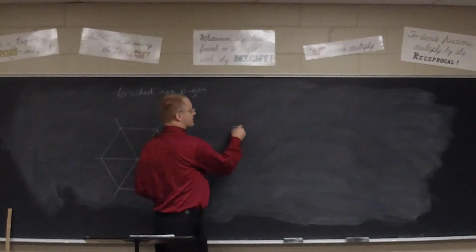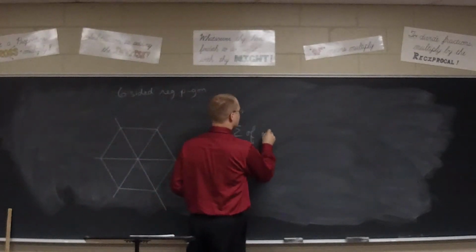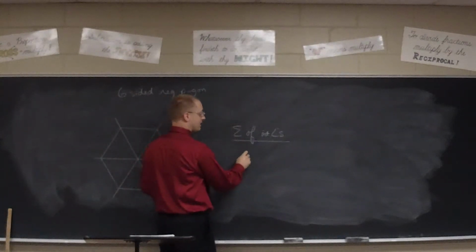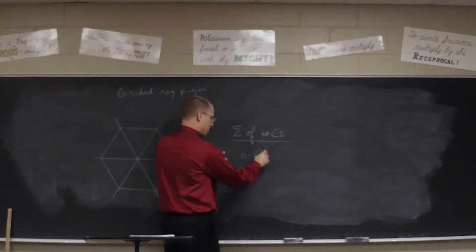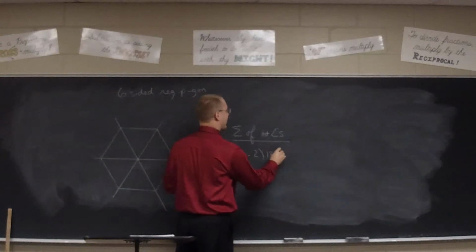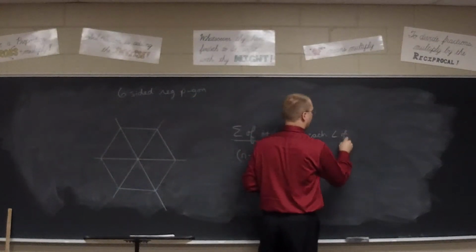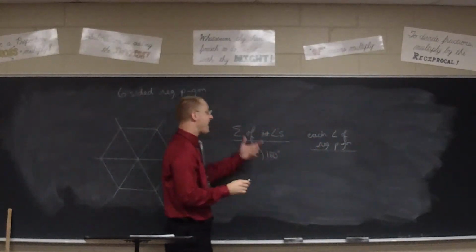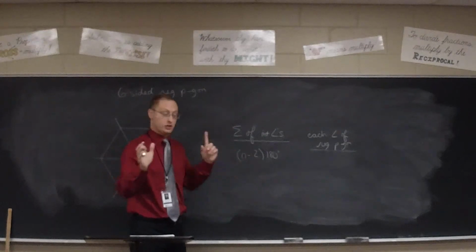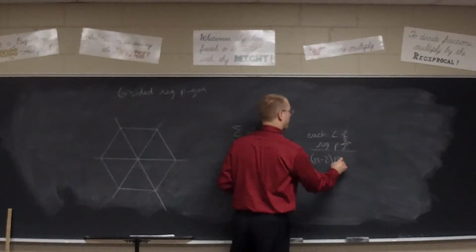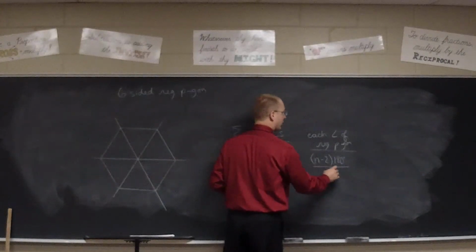To find the sum of the interior angles of any polygon, n minus 2 times 180 degrees. To find each angle of a regular polygon, we're going to take that sum and divide by how many there are. So my formula is n minus 2 times 180 degrees over n.